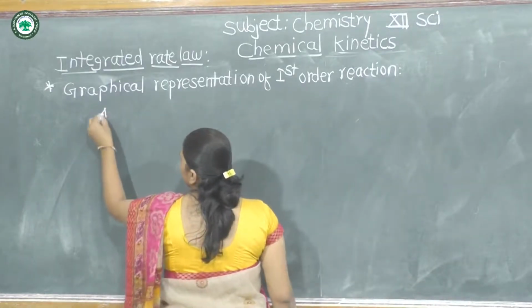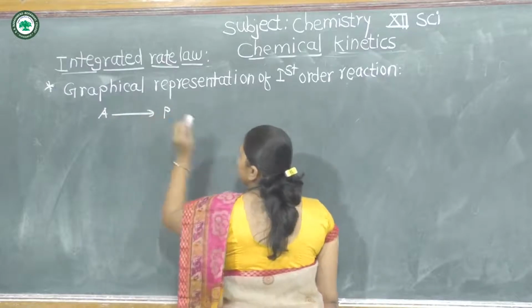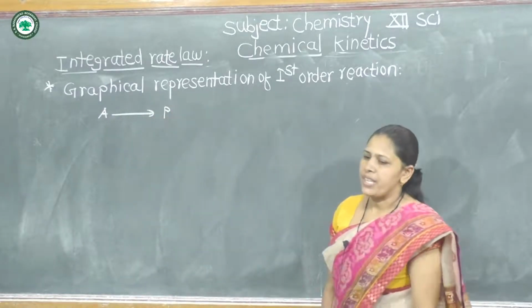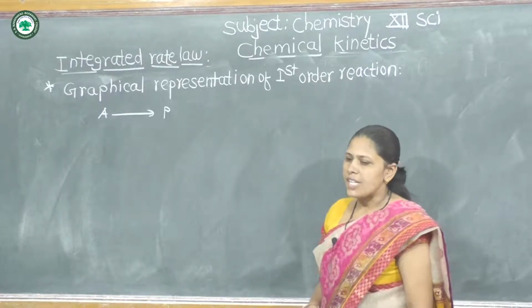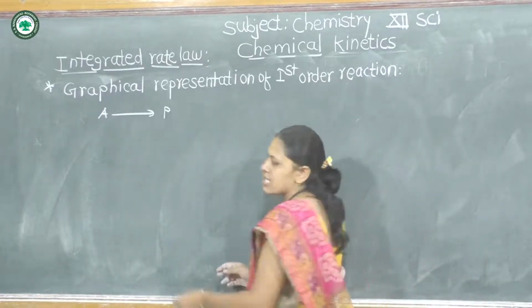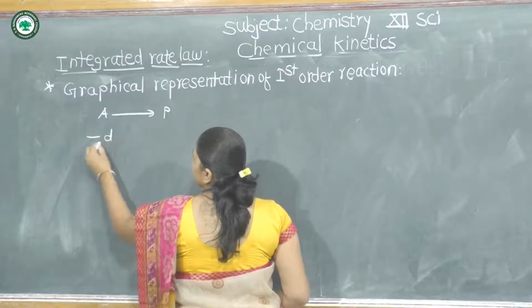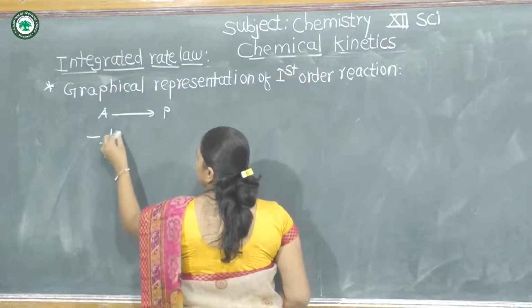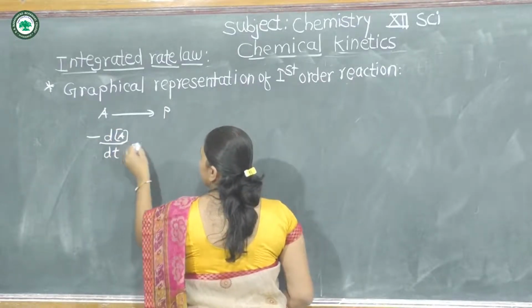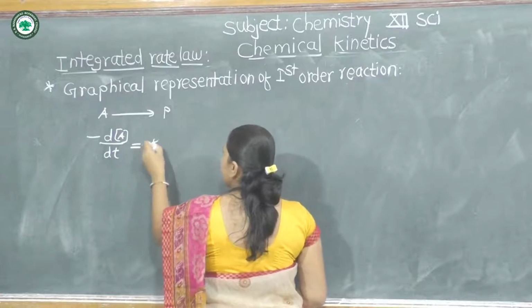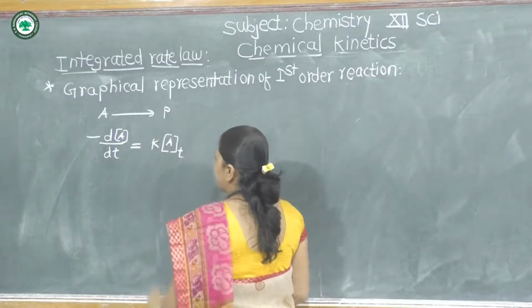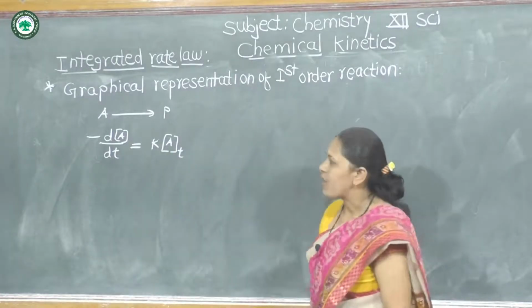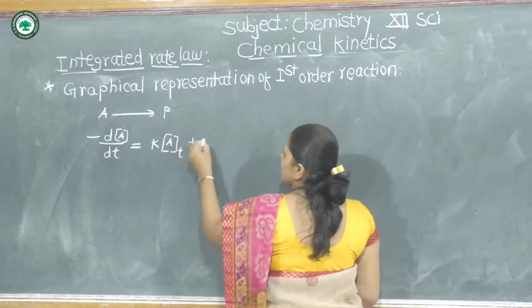Consider first order reaction A gives product P. For this reaction, the differential rate law can be written as minus d by dt of concentration of A is equal to k into concentration of A raised to power 1 plus 0.